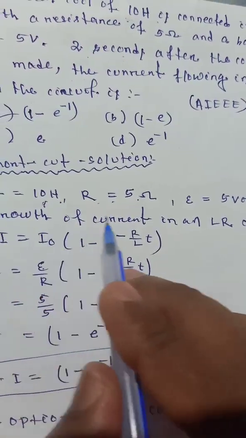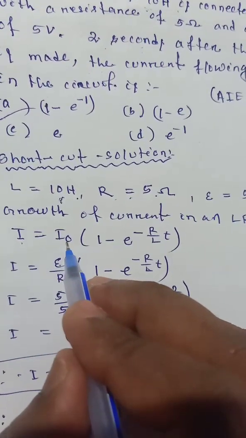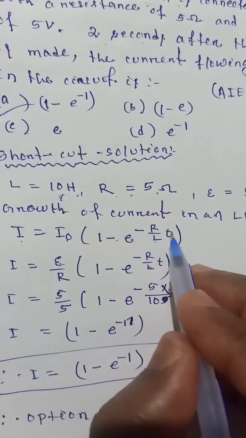So the growth of current in an LR circuit, that form is I equal to I naught times 1 minus e to the power minus R by L of t.